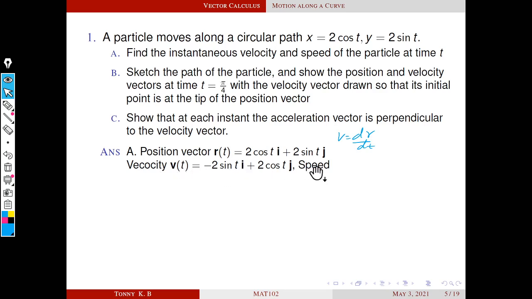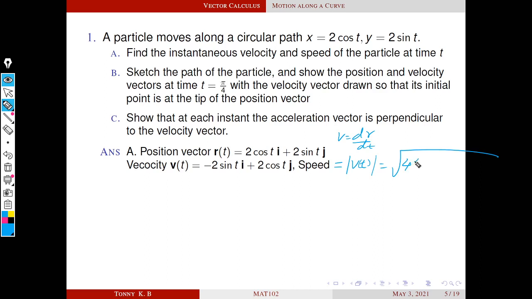Next we have to find speed. How to find speed? We know that speed is the magnitude of the velocity at a particular point. So modulus of v of t. How to find modulus of v of t? It is square root of this square plus this square. Here the first coordinate is minus 2 sin t.